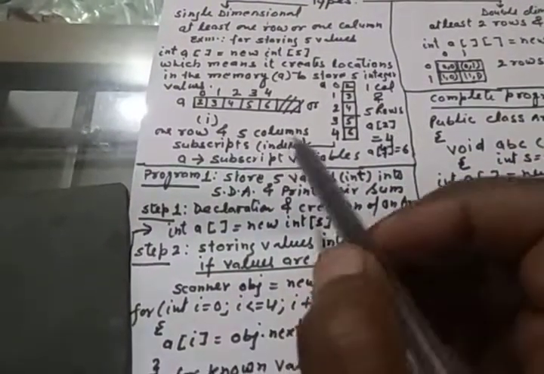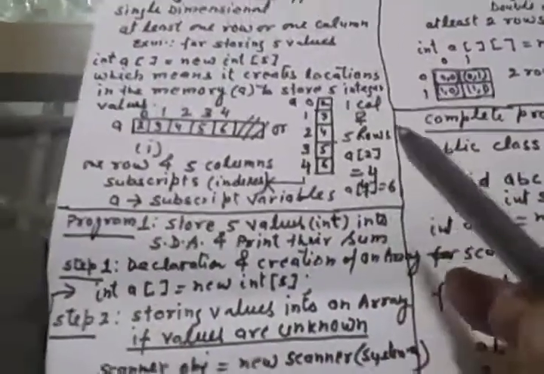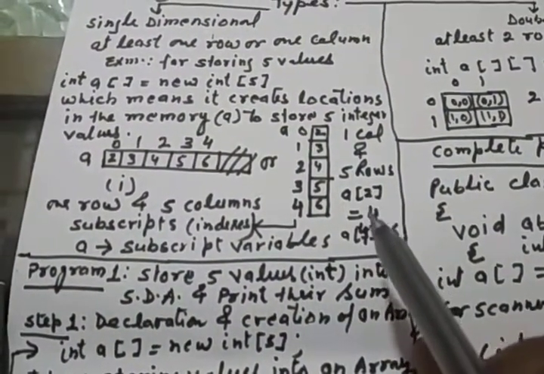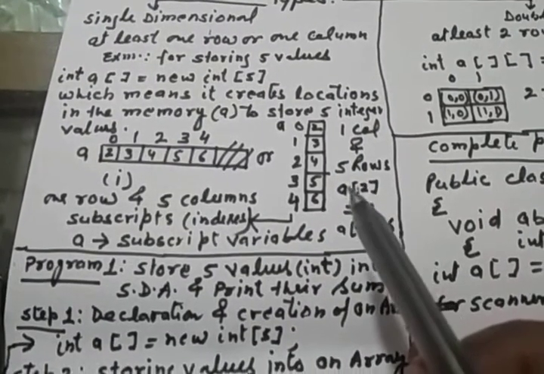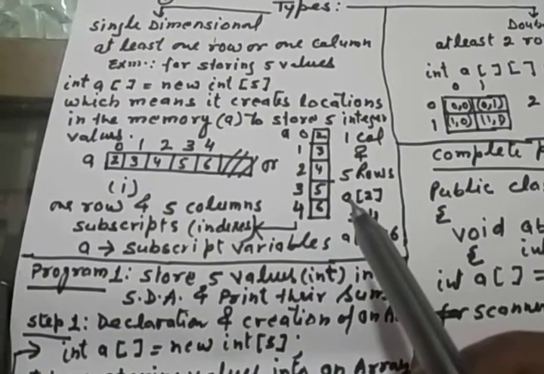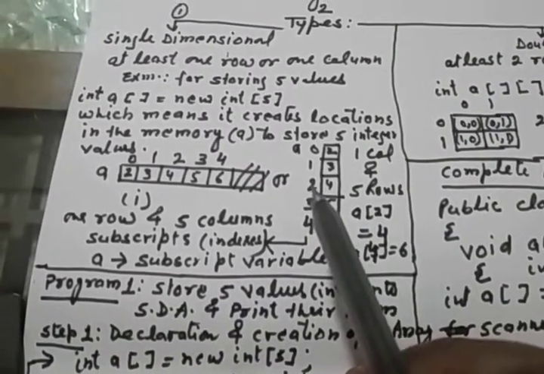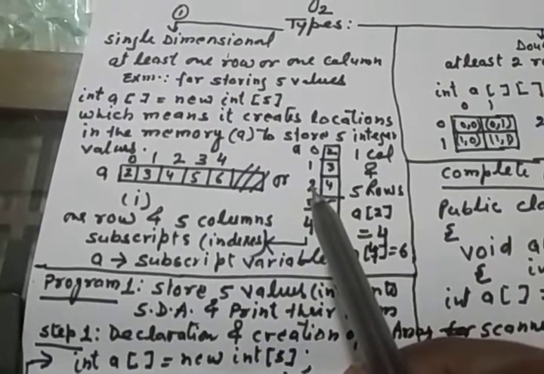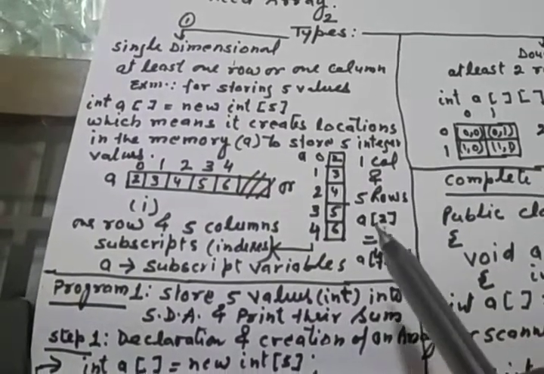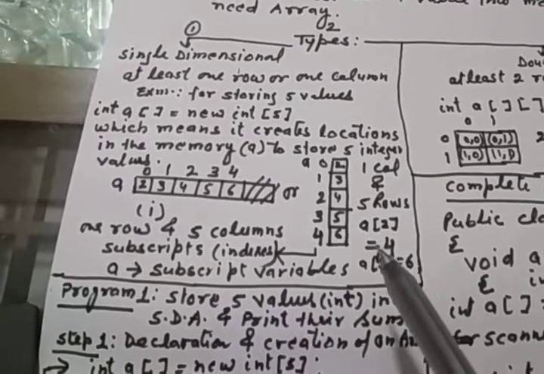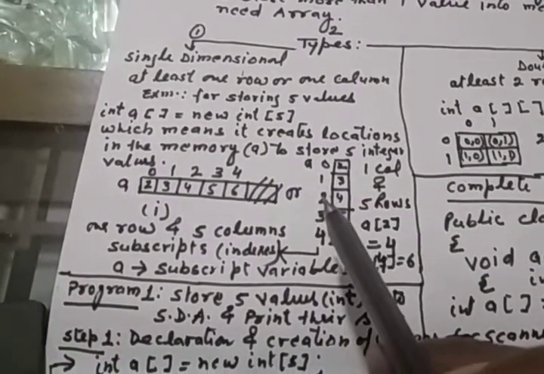Is it clear? So if we write A[2], A is the array name and 2 is the index. So what is at index 2? Look here, 4. So A[2] equals 4.